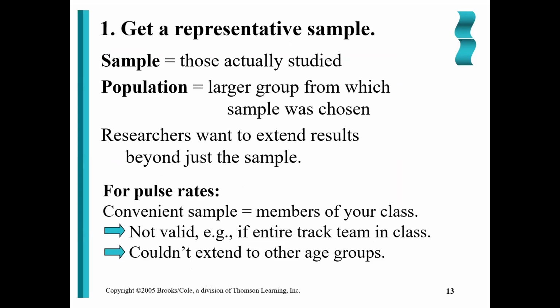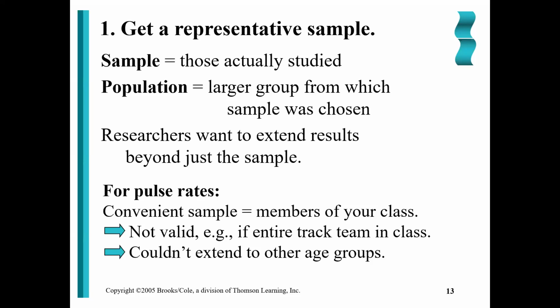Here's some definitions. Now, these definitions you need to know for this course. Whenever I'll be using these words throughout the course, sample and population. So what is a sample? It's actually the actual people who are studied. It's a subset, basically, of the whole population. And the population is the larger group from which the sample was chosen.